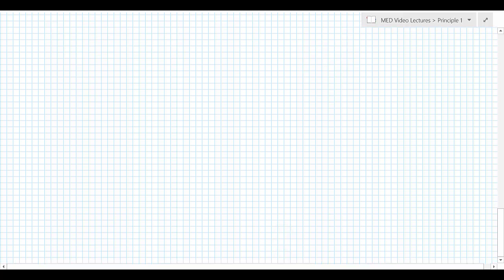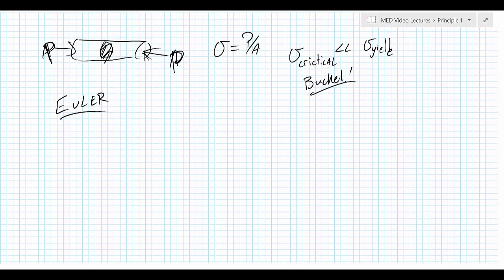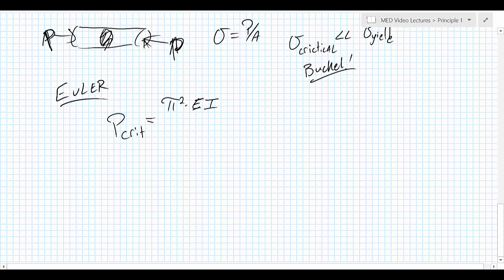So Euler developed that the force P critical necessary to get a beam to buckle is related by pi squared times the modulus of elasticity. Again, we're talking about deflection, aren't we? So we expect to see geometry and material property over the length squared times a factor of k squared.